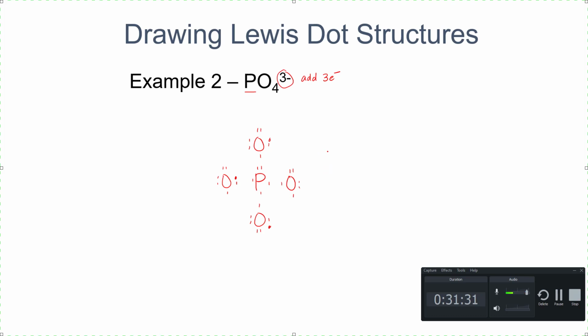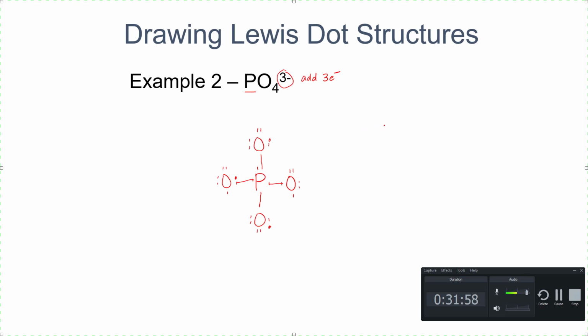Now let's form single bonds. So I'm going to form a single bond here and here, here and here, here and here. Uh-oh. Let's just take one of the two here and form that single bond, which I don't like. Okay.